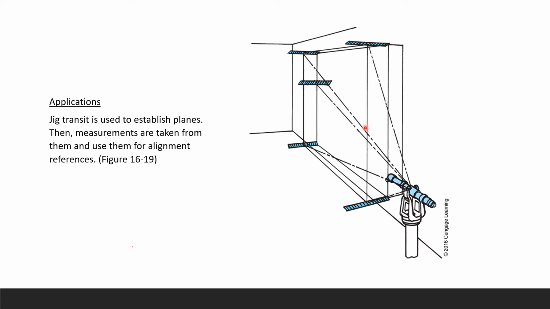We're going to use the light. We're going to use the optics. And we're going to use a directed reflection of these lights to capture that measurement of the plane. So take from them and use them for alignment references. In construction, we'll be using all kinds of equipment, but the development is completely linked to industry because these are industrial equipment. Industrial technologies have to develop these things for the consumers to use them.